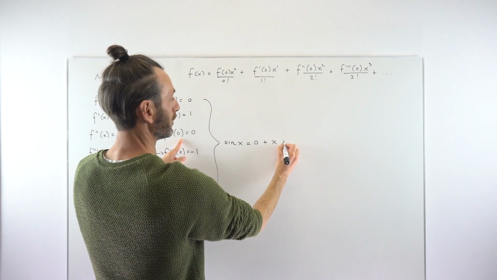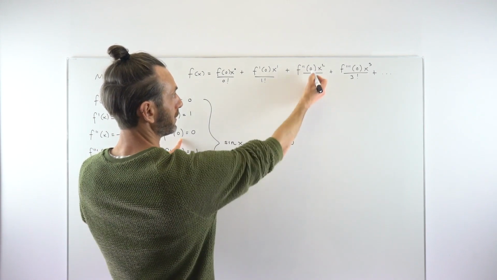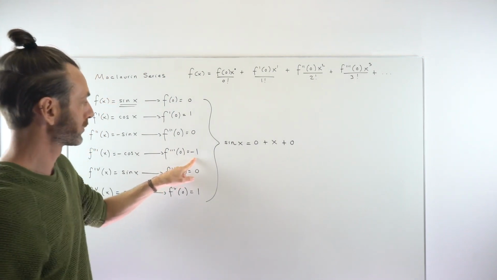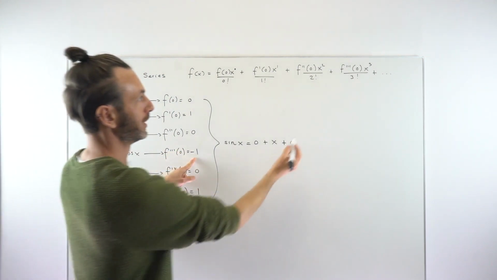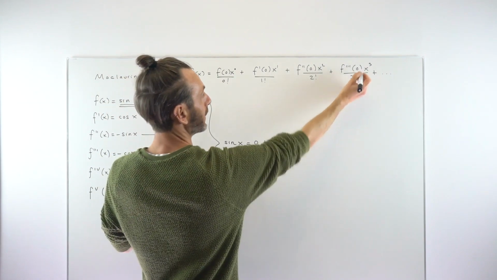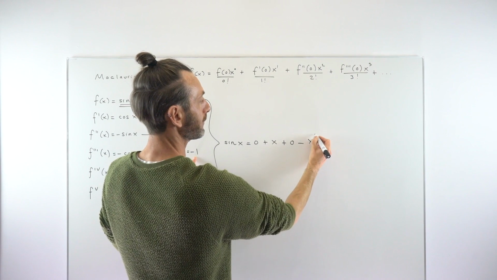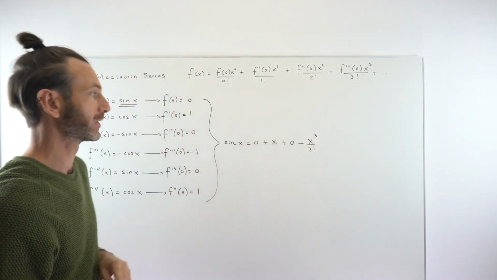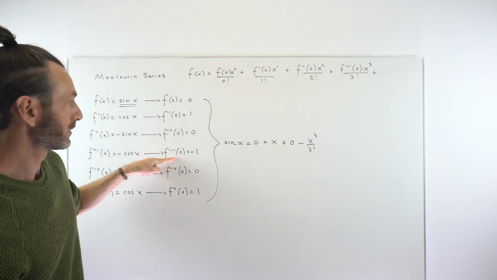Again, you can see that's just going to be a 0. So that would be like 0x squared, but that just makes it a 0. The fourth term, which is the third derivative evaluated at 0, this becomes a negative because it's a negative 1, so it's minus x cubed over 3 factorial. 3 factorial is 6, but we'll just leave it as 3 factorial. So that takes us to this point here.